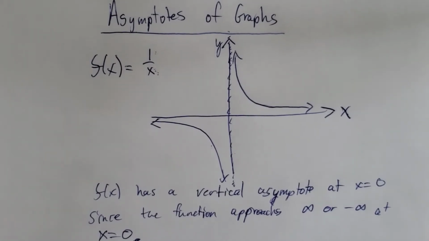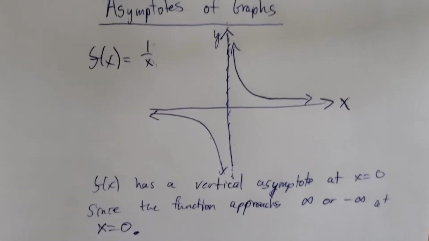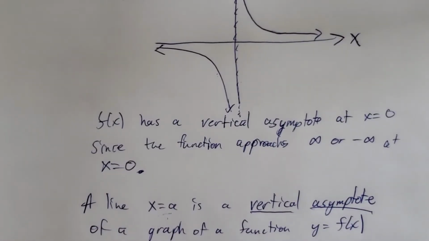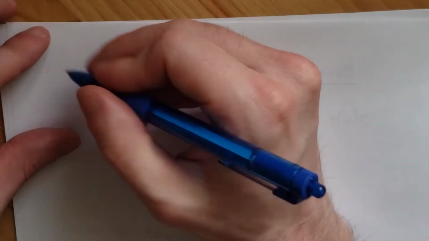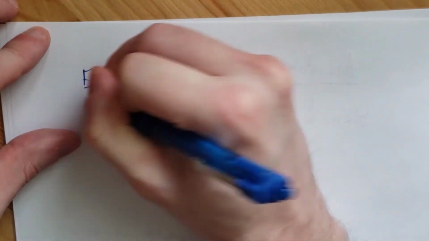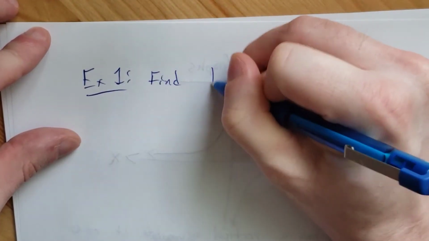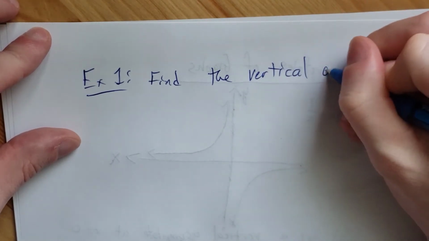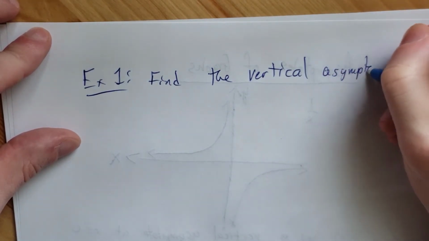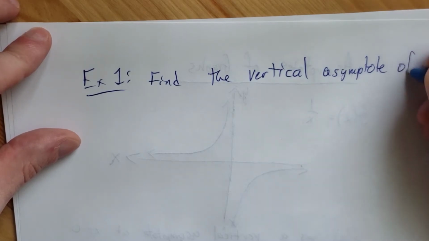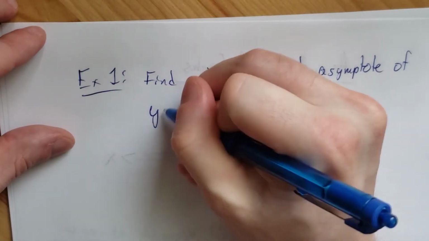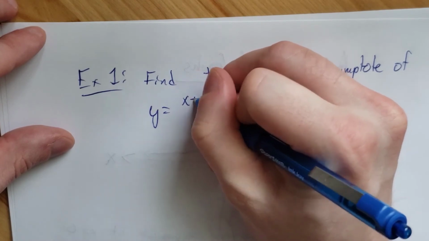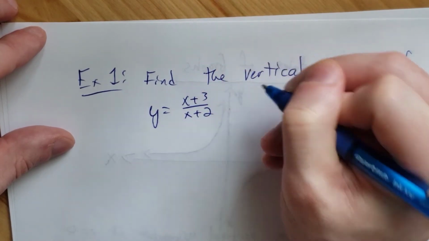So we're going to have two examples here to finish out this video. So with example 1, we are going to find the vertical asymptotes, or in this case just one, of y is equal to x plus 3 over x plus 2.